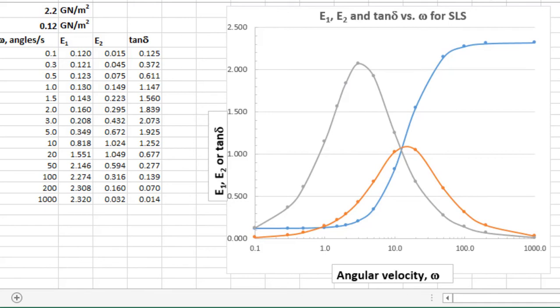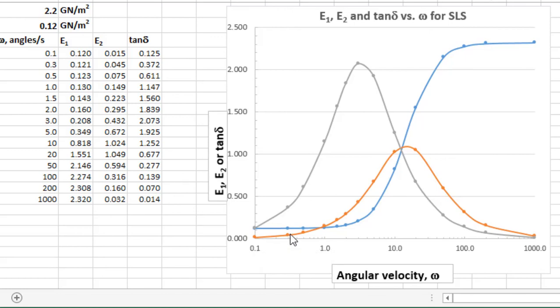So now, just like any typical dynamic loading graph, we see that E1 starts with a low value at lower angular velocity or lower frequency. As we increase the frequency or angular velocity, E1 increases to a very high value and remains there.